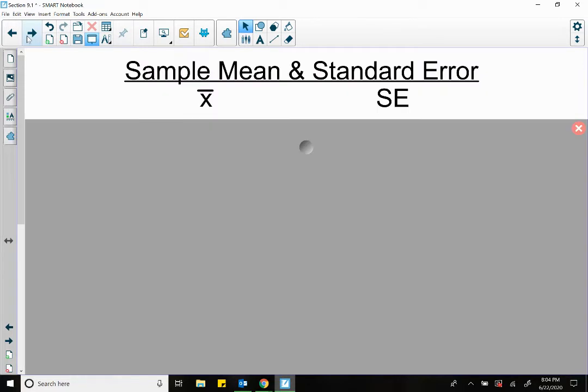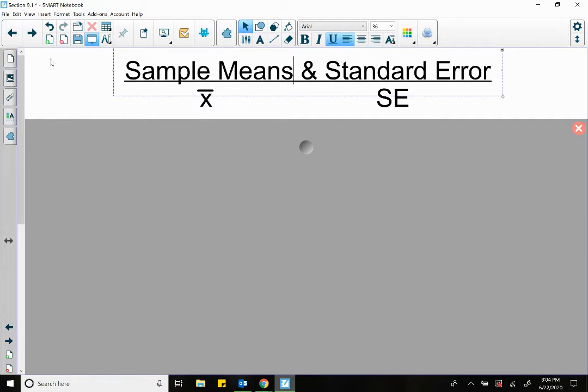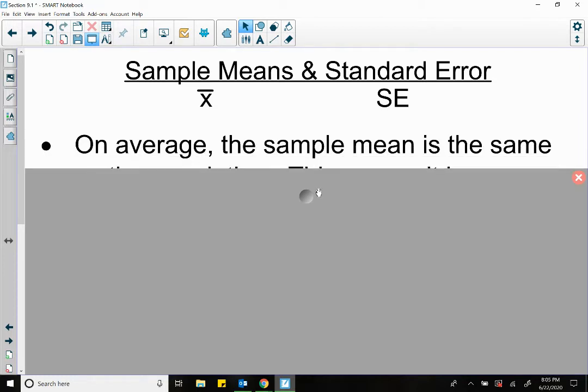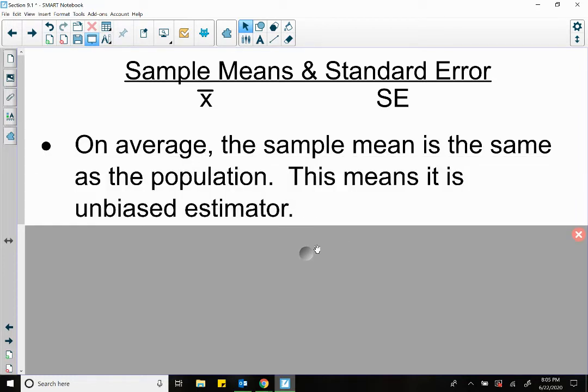So let's talk about sample means and standard error. Talking about that X bar, on average, the sample mean is really the same as the population mean.